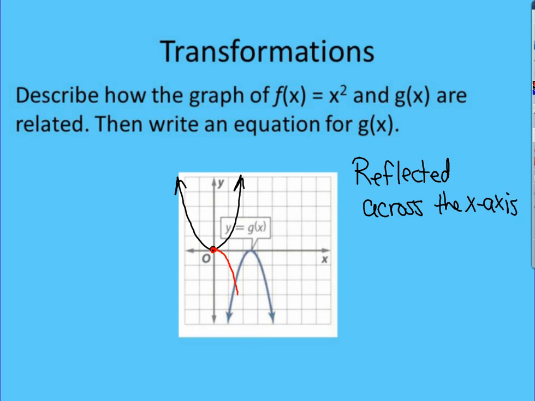After they reflected it, it would have ended up down here. Then they took that graph and they shifted it to the right 2.5 units.